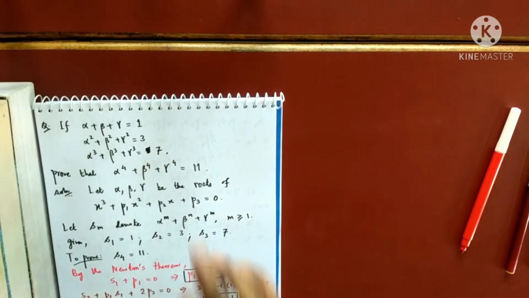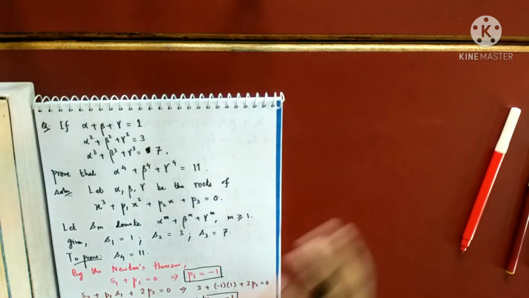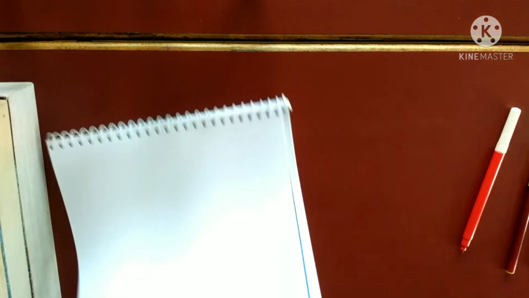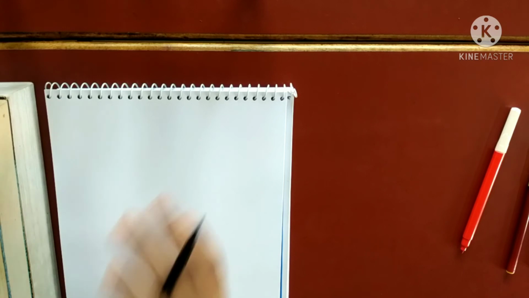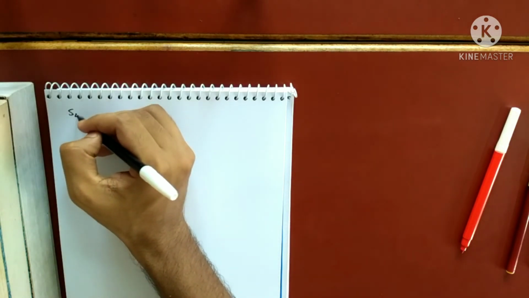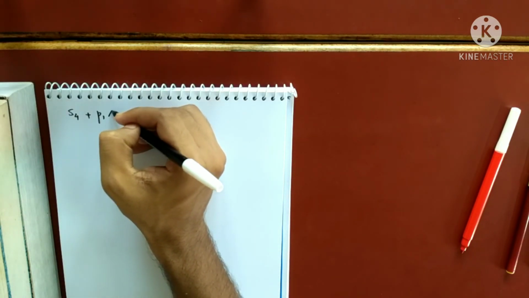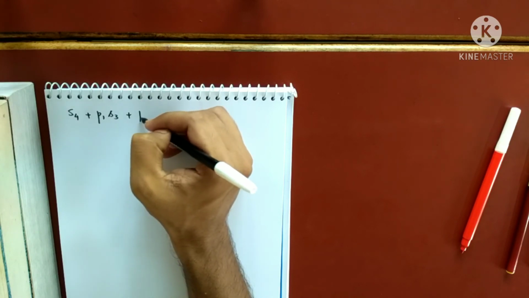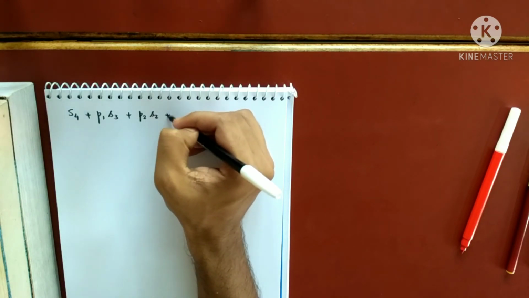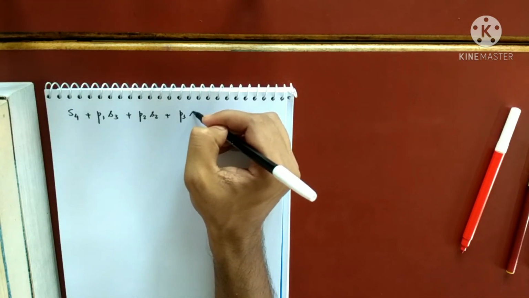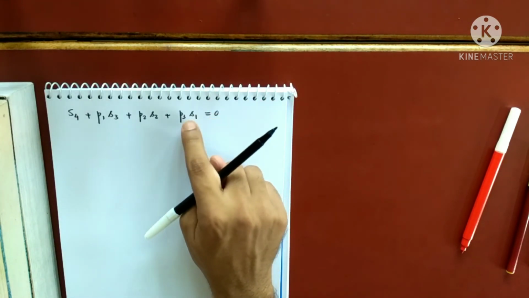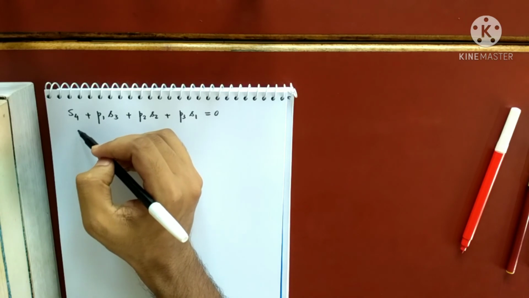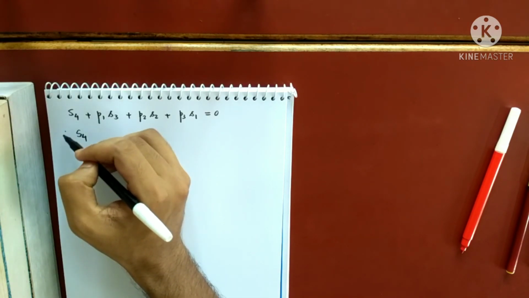I have to now find S4. It's very simple to find S4 using Newton's theorem now. If I apply Newton's theorem, S4 plus P1 S3 plus P2 S2 plus P3 S1 equals to 0. We'll stop here because there are no coefficients left. From here you find S4.